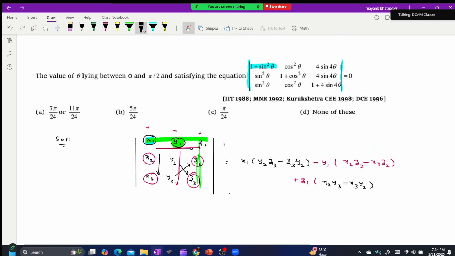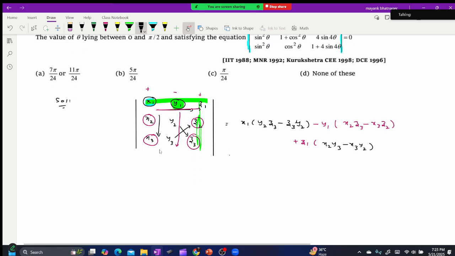There are easier methods also to solve this, but now I won't tell you, because for that you need to know the properties of determinants somewhat. Okay. So can you solve the third question also? 31? 30, sir. 30? Acha. So question number 30 is this.